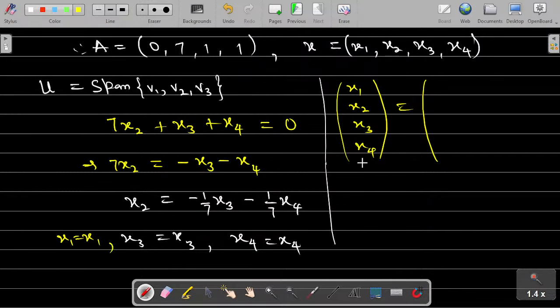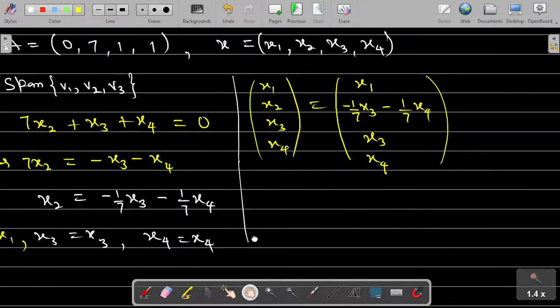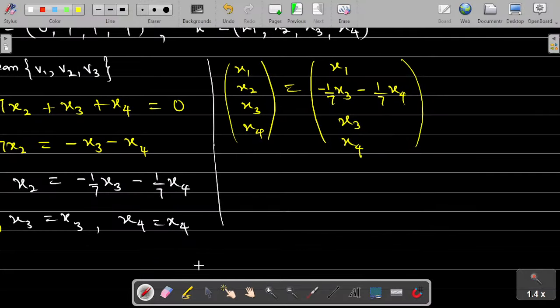So that gives me the solution as x1, and then my x2 is the only one that has a value, and that's minus 1 over 7 x3 minus 1 over 7 x4, and then my x3 is fixed, my x4 is fixed. So this is my solution, and all I need to do now is to break it into vectors.